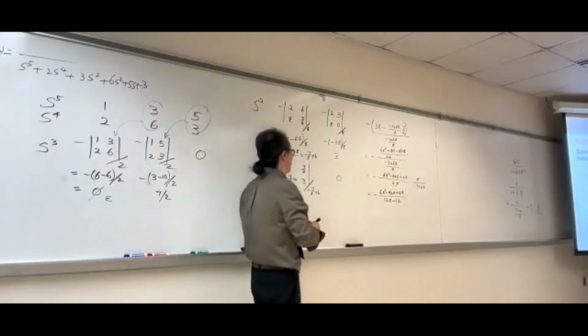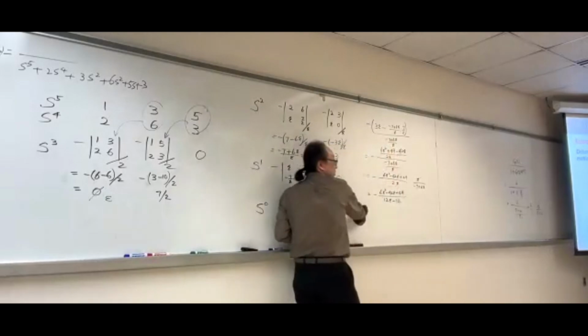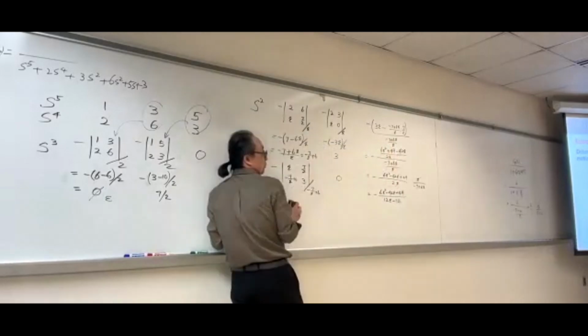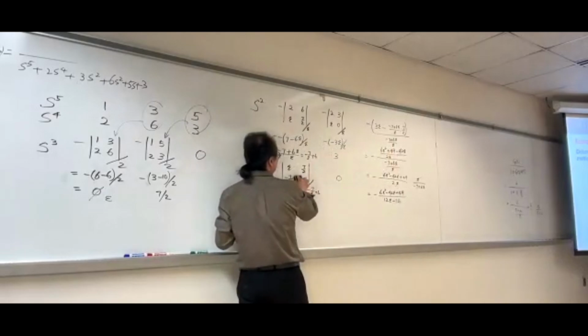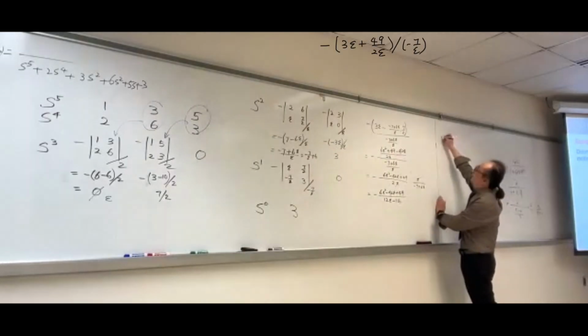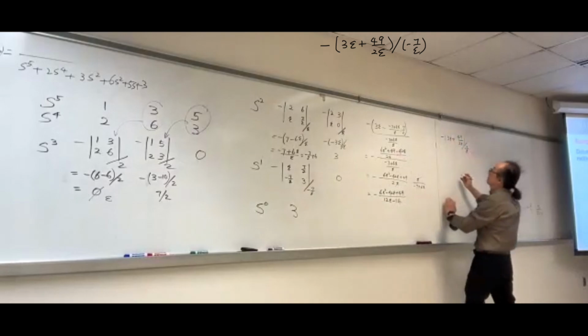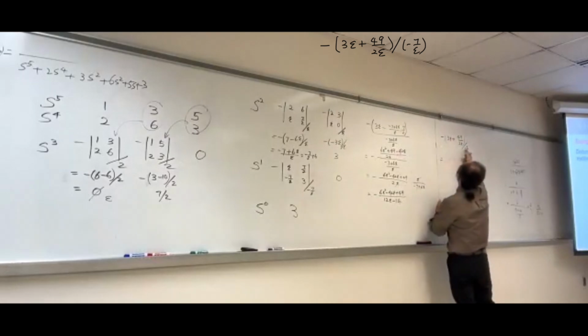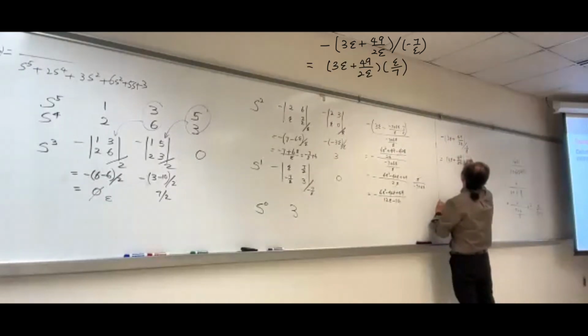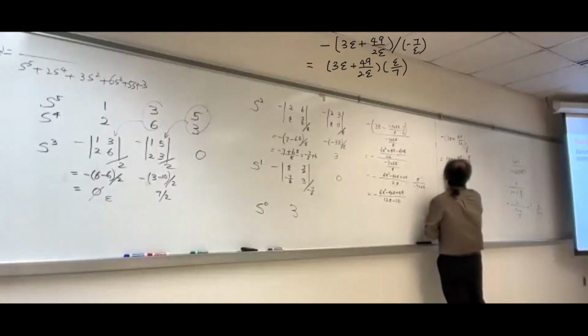It's a positive 6. So instead of carrying all of this to have a complicated expression, I want to just take this guy, plus 6, and take it away. And then if we do it here, negative AD 3 epsilon minus BC plus 49 over 2 epsilon, over negative 7 over epsilon. And the negatives will cancel out. 3 epsilon plus 49 over 2 epsilon times epsilon over 7.